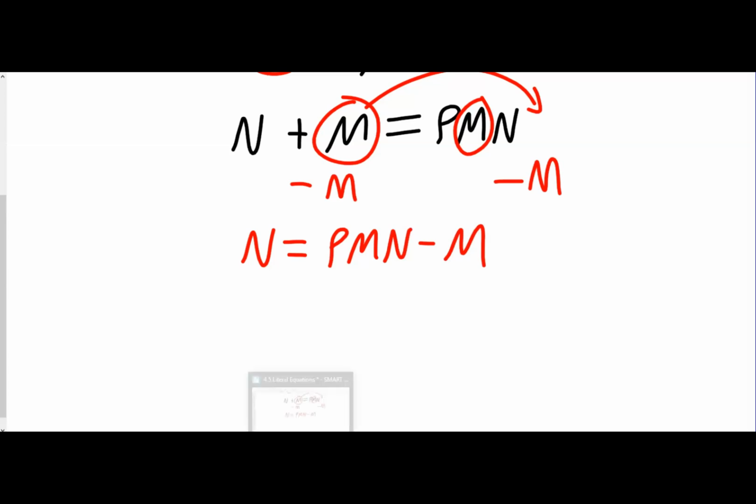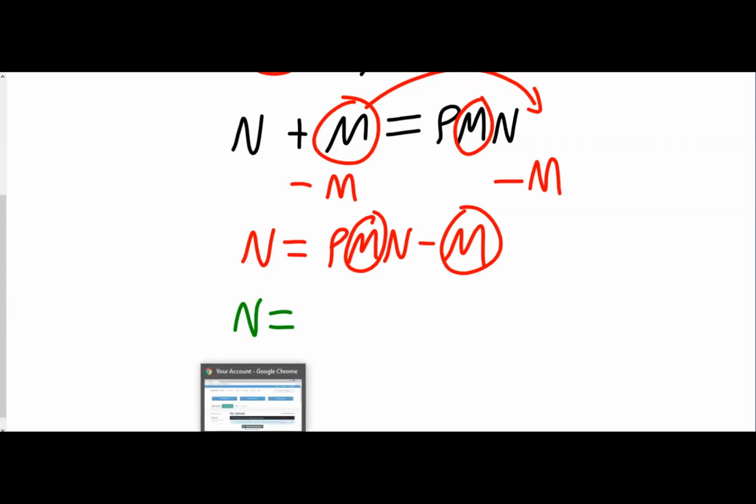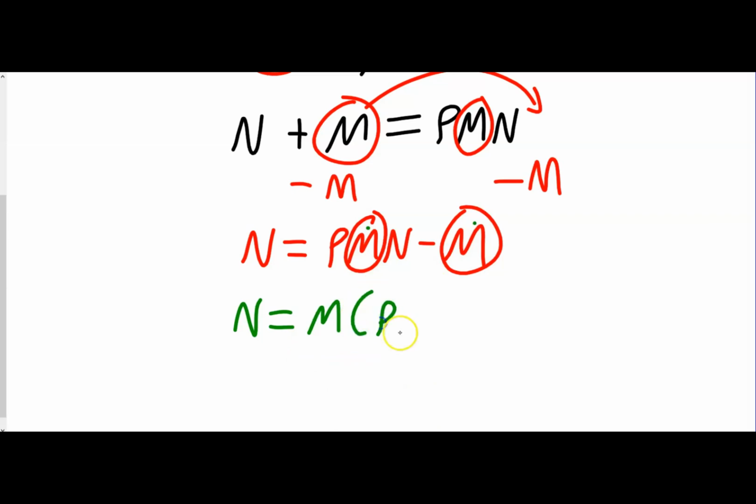And again, if you're paying attention, you still see that we have two of those M's. I told you a moment ago that if you see your variable twice, that's a hint and a half for you that you're going to be doing step 3, which is a GCF. So what's the GCF we're going to pull out? Again, I told you it's these two guys. Your chosen variable should be your GCF that you usually pull out. Because again, it's repeated twice.